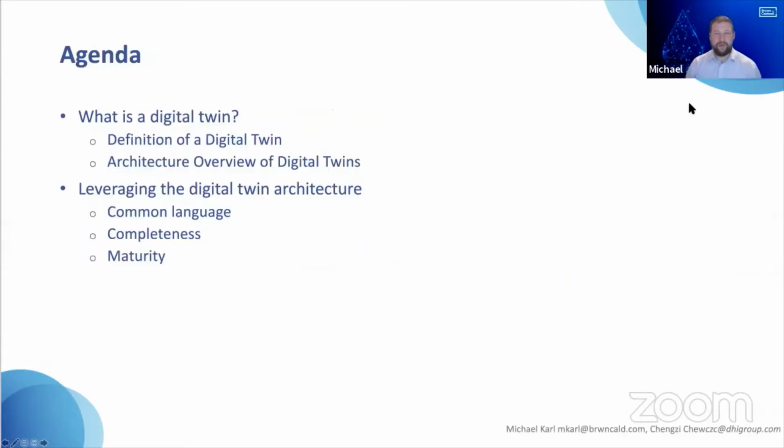So let's talk about what we're going to cover in this master class. We're going to talk about demystifying digital twins, really what a digital twin is, the definition of it, and an architecture overview of the digital twin. And then Chinzi's going to talk about leveraging this architecture, really as one of the most important things, which is setting a common language and foundation of understanding across the industry.